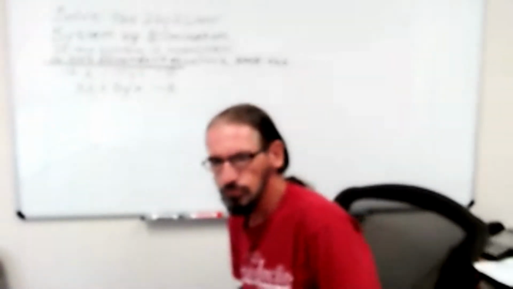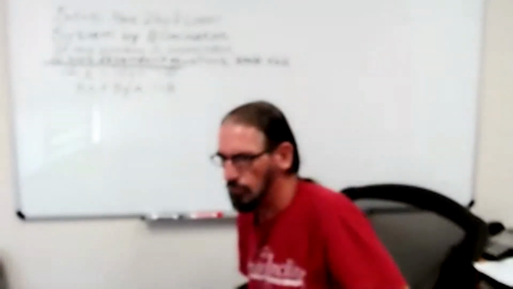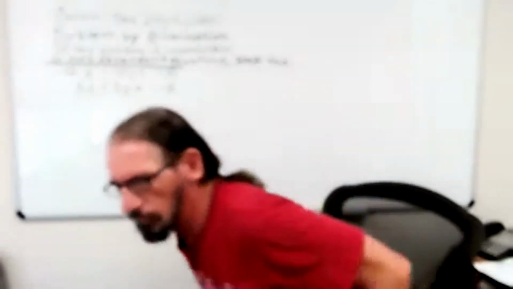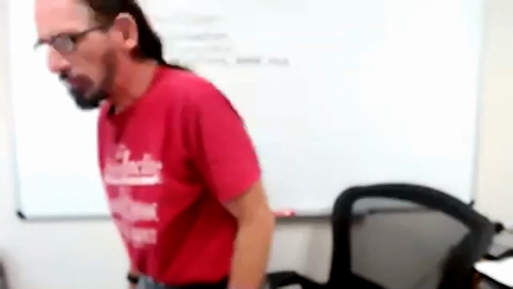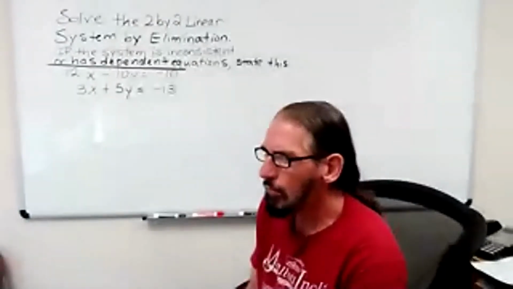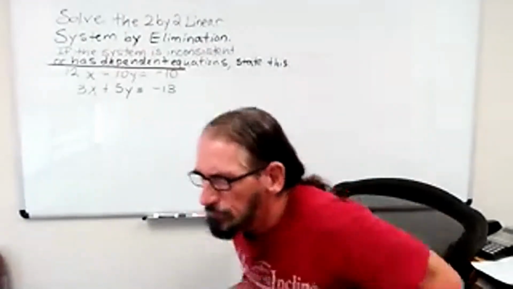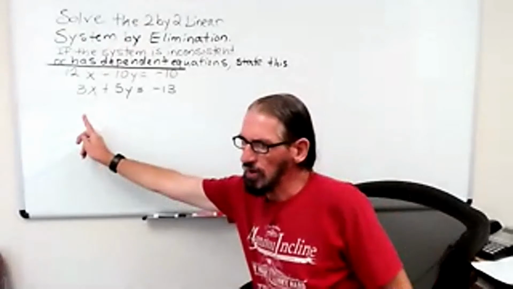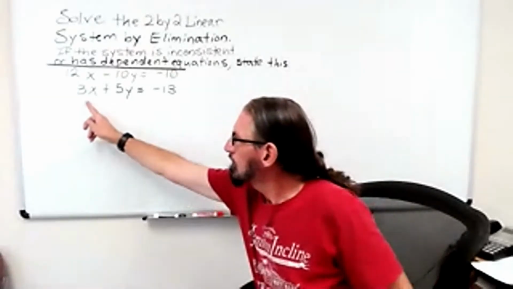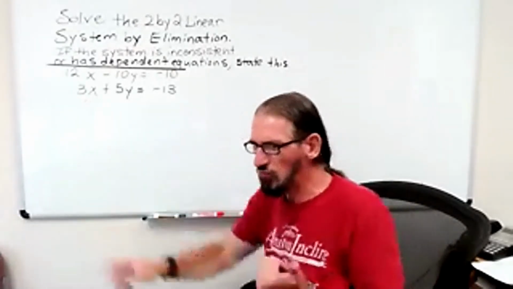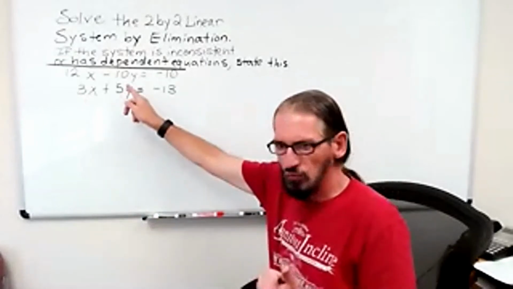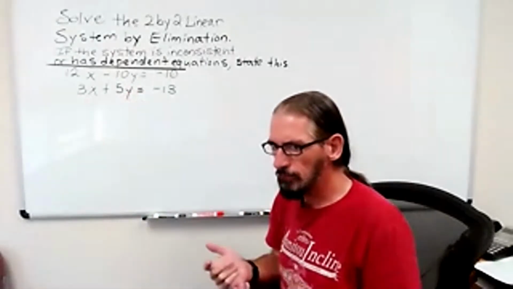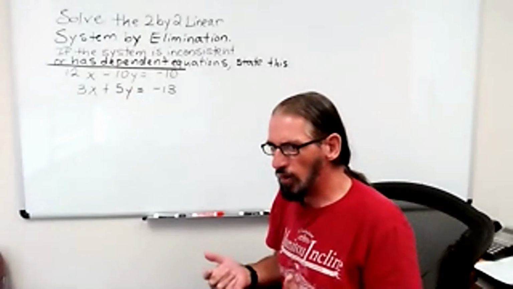Once again, if I look at the least common multiple of the first two, 3 goes into 12, so 12. 5 goes into 10, so 10. 10 is smaller than 12.